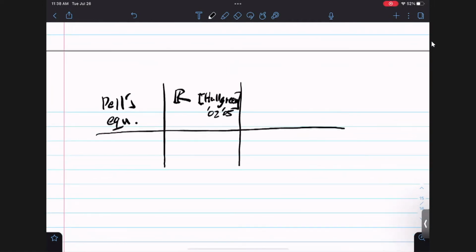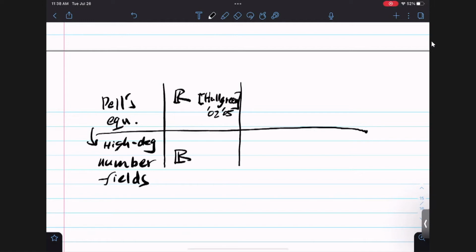And then this algorithm was further generalized to high degree number fields to solve some of the basic problems in number fields, such as finding the unit group, solving the principal ideal problem, and computing the class group. And this can be viewed as HSP on R to the n, high dimensional real space.